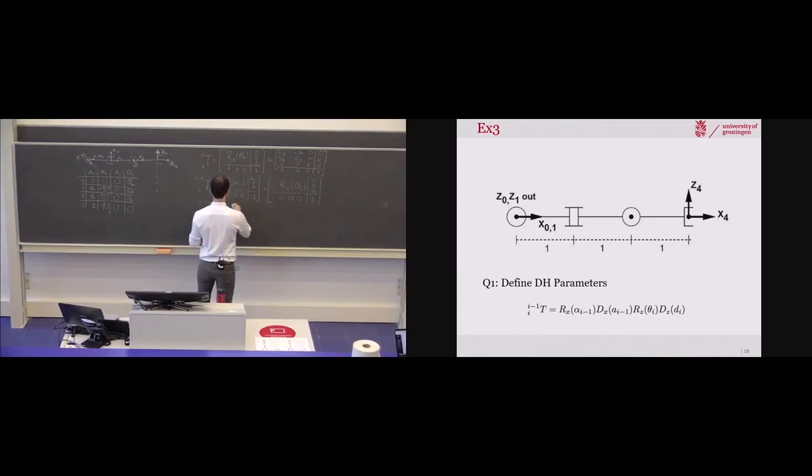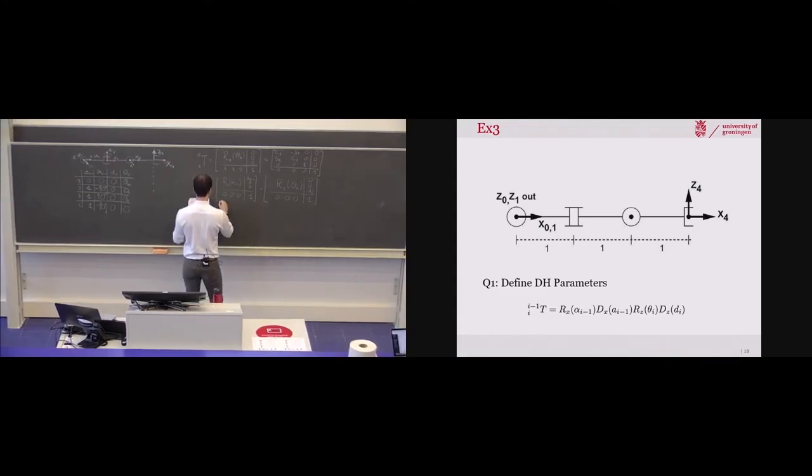Therefore, I will obtain something like this. Rotation along x, so 1, 0, 0, 0, 0. And then here I have cosine of minus 90 degrees. Well, actually, let me write minus pi half.